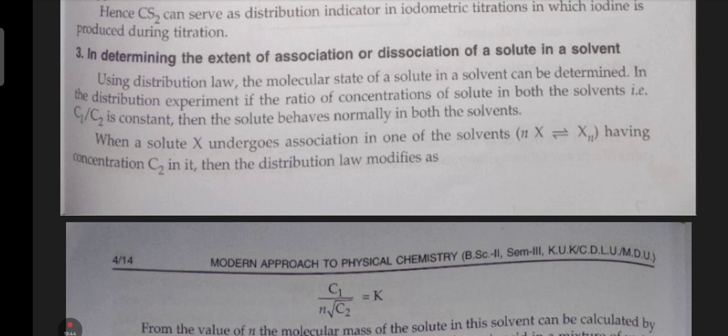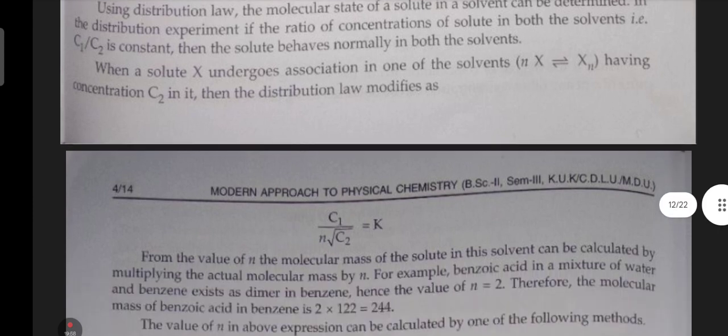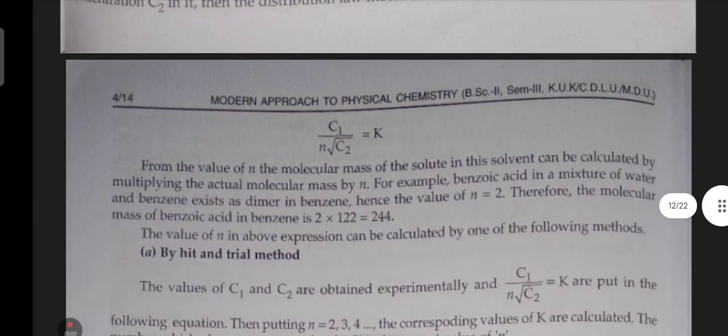When a solute undergoes association in one of the solvents, that is, n molecules of X combine to form Xn having a concentration of C2 in it, the distribution law modifies to C1 upon the nth root of C2 is equal to K. From the value of n, the molecular mass of the solute in the solvent can be calculated by multiplying the actual molecular mass by n.